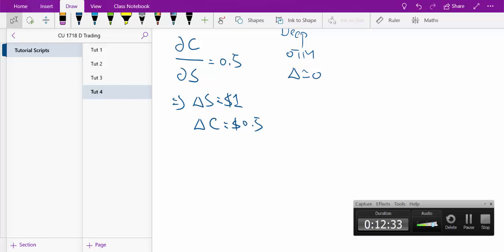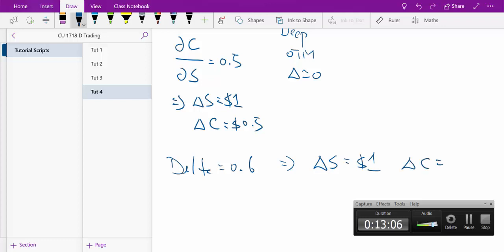When you say the delta of an option is, let's say, 0.6, what we are saying is if the stock price changes by $1, then the option price will change by approximately 60 cents.